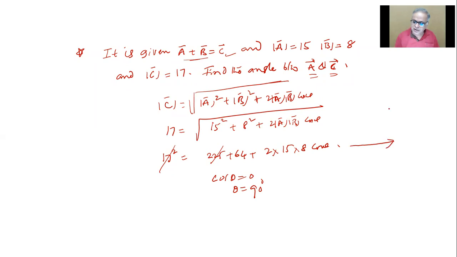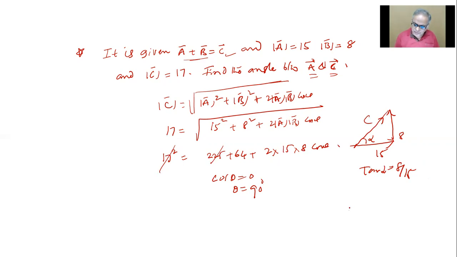This is A, this is B, for example. If you go by law of triangular vectors, this is 15, this is 8. I'm asking you the angle between A and C. This is C. So tan alpha will be 8 sin theta by 15 plus 8 cos theta, otherwise simply 8 by 15.